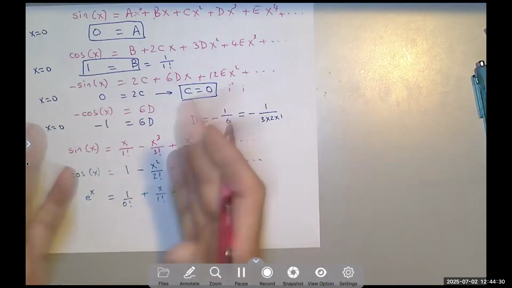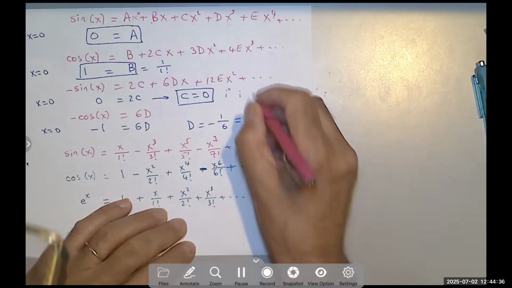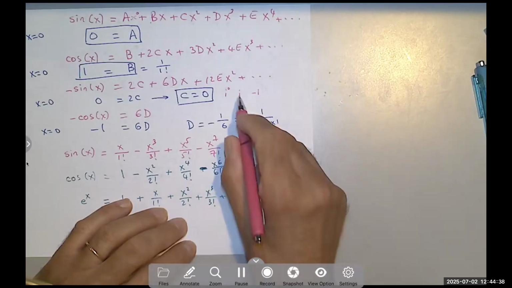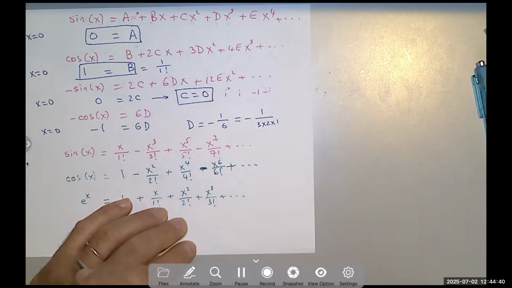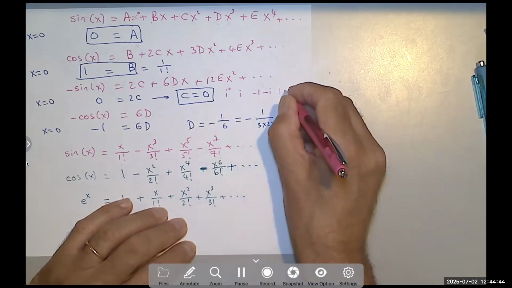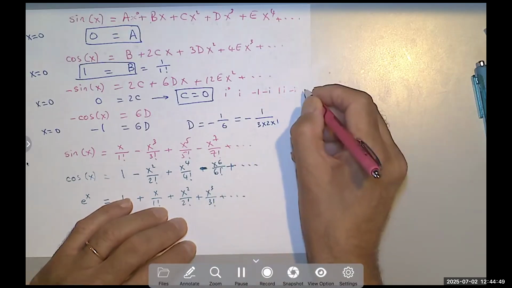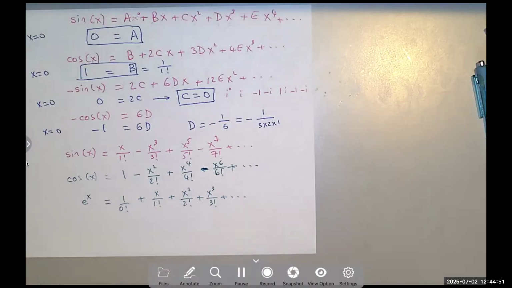So both values are positive, so to speak, if we think of positive imaginary. But when I do i squared, I get -1. When I do i cubed, I get negative i. i to the fourth is 1 again, and i to the fifth is i. i to the sixth is -1, and then negative i.